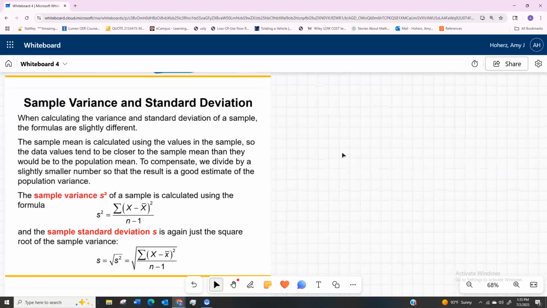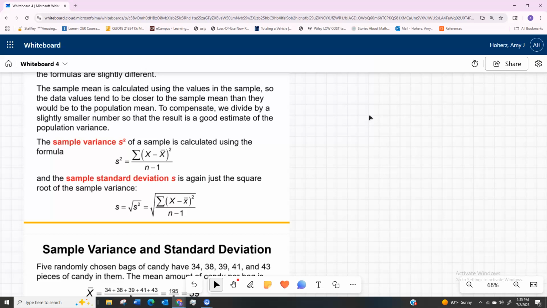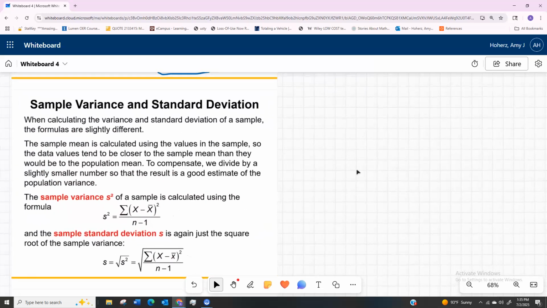So if we were going to do this again for a sample, we have very, very similar formulas. You'll notice here we have the sum of, and we have x minus x bar, and we square it. Remember, x bar was the sample average, or the sample mean. So you're still taking the value minus the mean, but now the sample mean is x bar instead of mu.